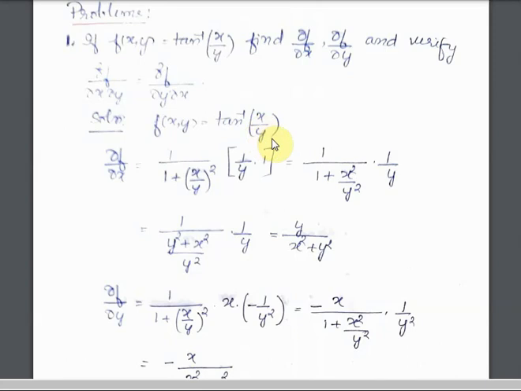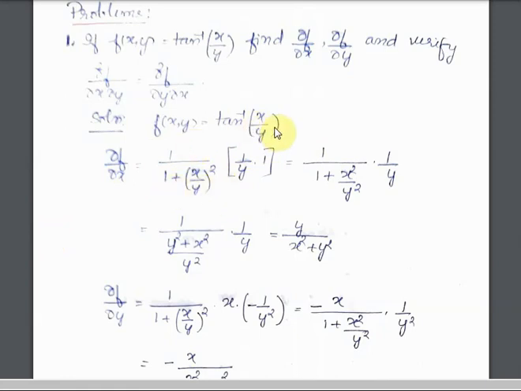f of x,y is tan inverse of x by y. I should first find ∂f/∂x. So how do I differentiate? When I differentiate with respect to x, then y is treated as a constant. Then for tan inverse, the differentiation is 1 by 1 plus x square. If it is tan inverse of x, then it is 1 by 1 plus x square.